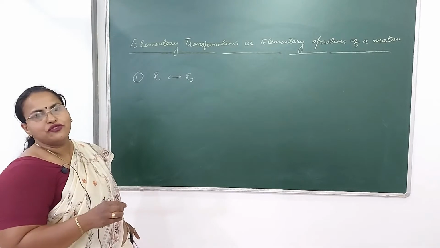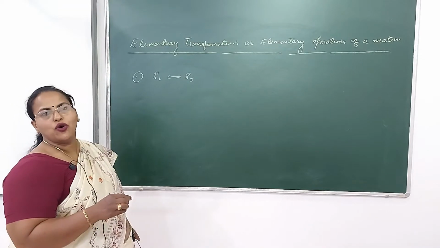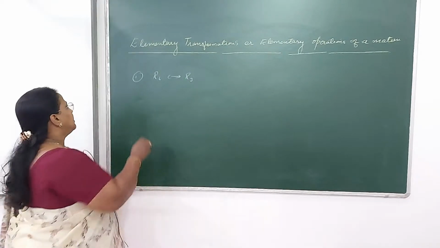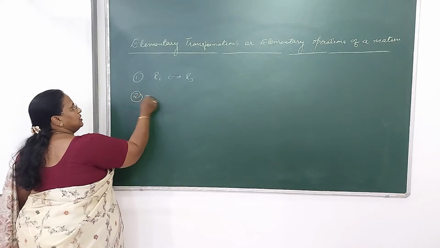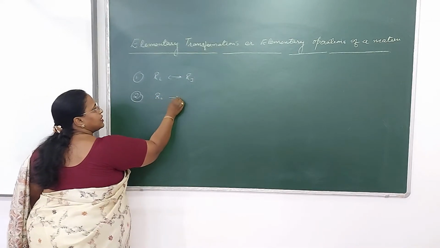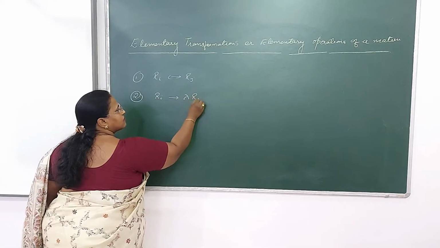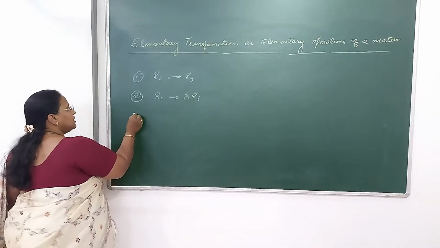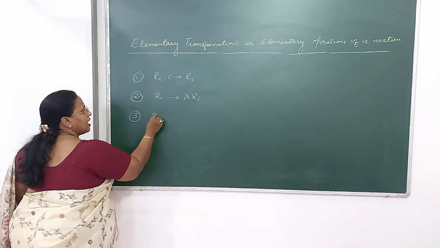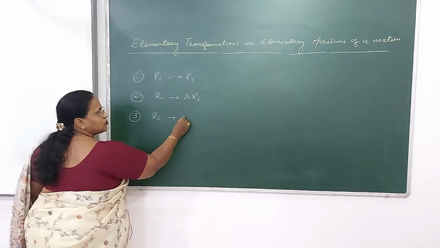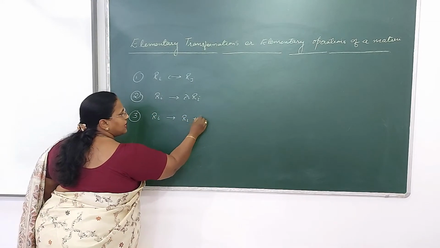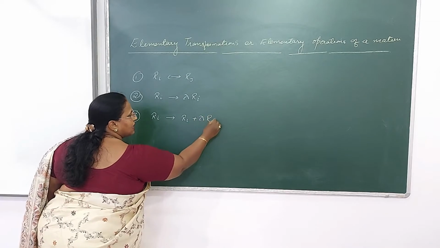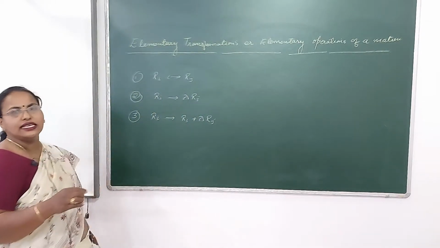This is the first elementary row operation. Second operation, Ri to be replaced by lambda times Ri. This is the second one. And the third operation is Ri to be replaced by Ri plus lambda times Rj, where lambda is any scalar.